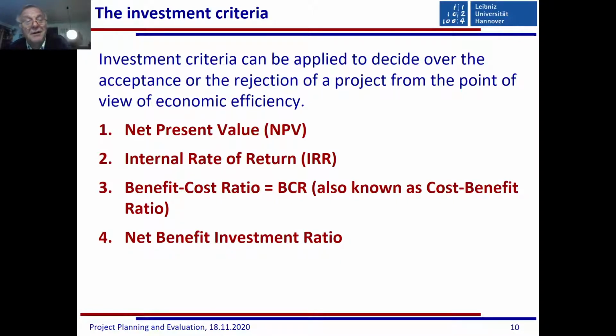And then there's a 5th one, which actually is not really, in that sense, an investment criteria. It's the payoff period, because it doesn't really give an information about the efficiency of the investment.